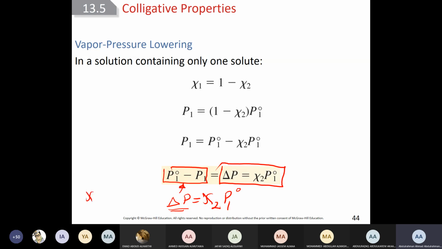Then what's X2 in this case? Moles of solute divided by moles of solvent plus moles of solute. That is when we take the difference between the two.